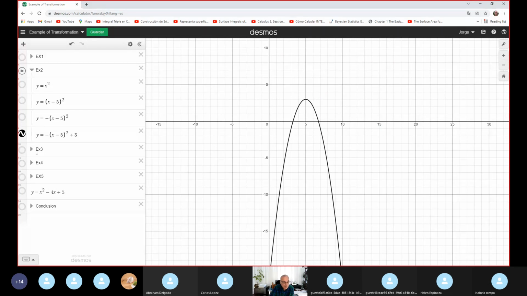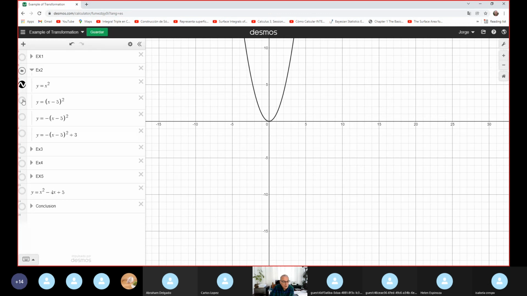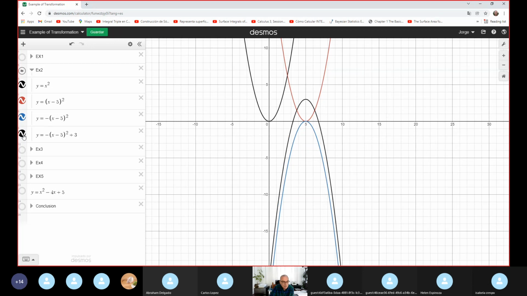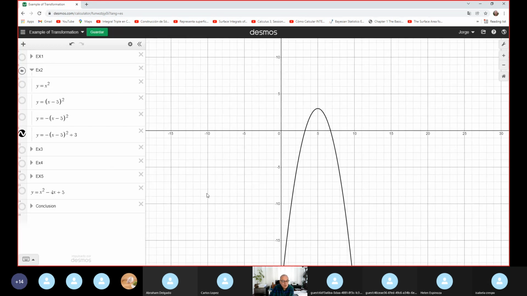Let me recap again. Original, horizontal shift 5 units to the right. Reflection with respect to the x-axis because it's outside. Vertical shift 3 units up. Do you see that or no? Confusing or clear? Clear. Okay, super.